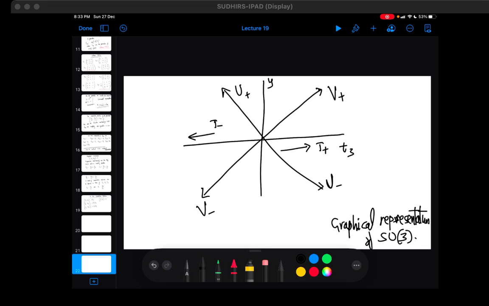Now, generally, what we have seen in the case of, say, SU2, is that every point in the graphical line is occupied by one particular state. Essentially, it's a characteristic that determines your dimension, and that also determines the multiplicity of the particles.